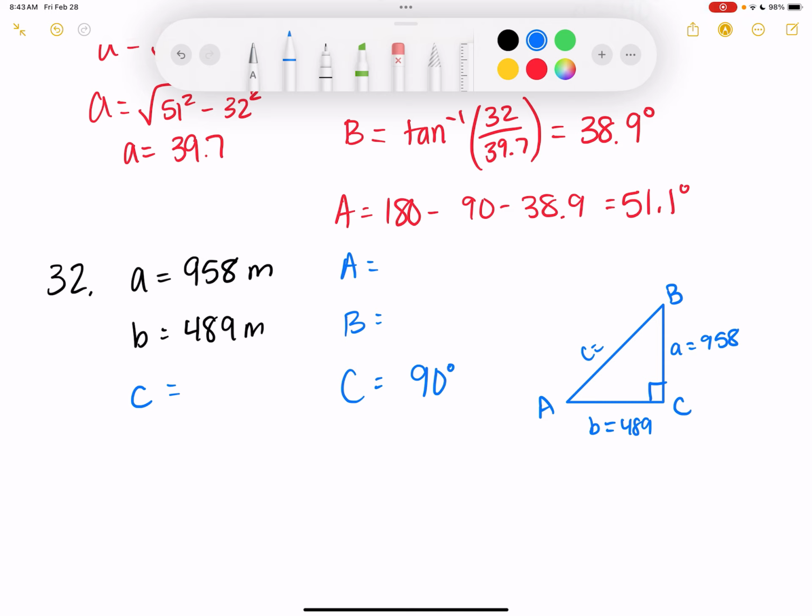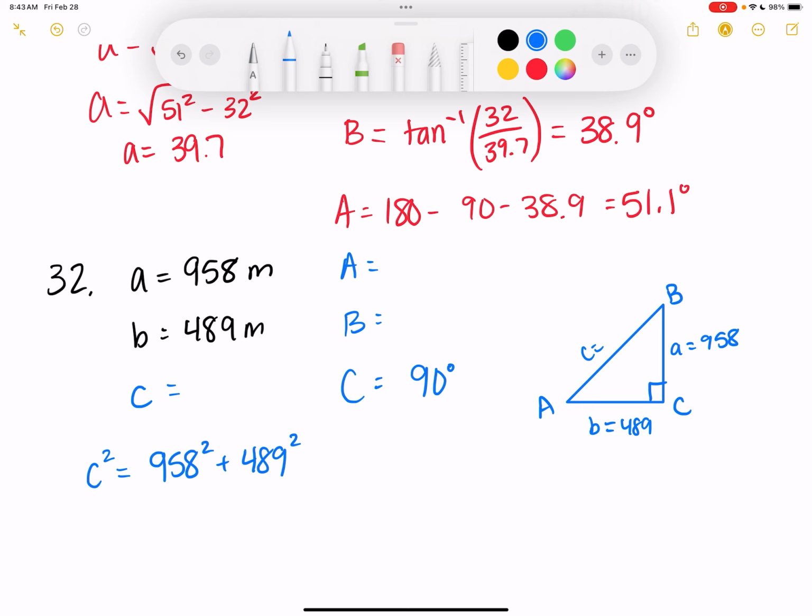All right, so in this case, I'm solving for C. So with the Pythagorean theorem, a squared plus b squared equals c squared. That's already set the way that I need it. I don't have to manipulate this time. So c squared equals 958 squared plus 489 squared. Take the square root.